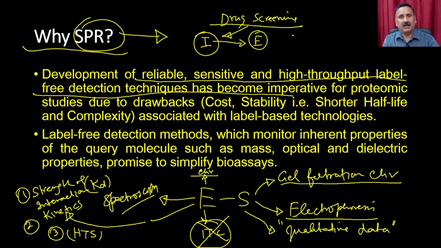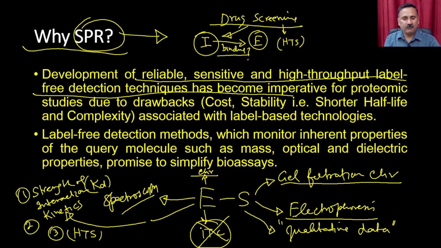So whether the inhibitor is binding to the enzyme would be the first criterion for choosing the inhibitor for further tests, like whether it is inhibiting the enzyme, whether that inhibition is leading to the death of the parasite, and so on. That is secondary. First you have to know whether it is binding to the enzyme or not. That binding experiment can be done in an HTS mode, or high-throughput screening mode, and that's how you can use the SPR technique.